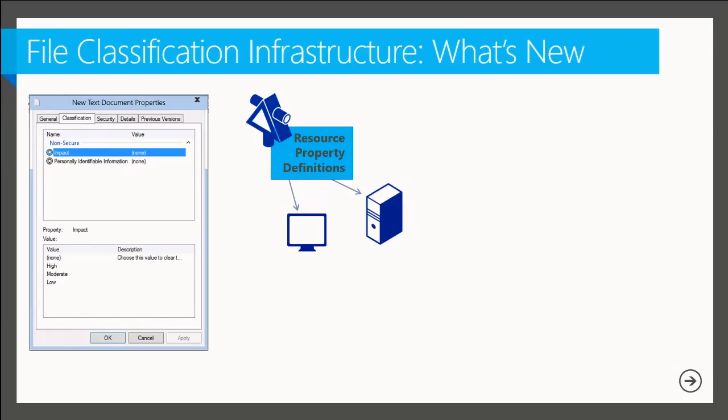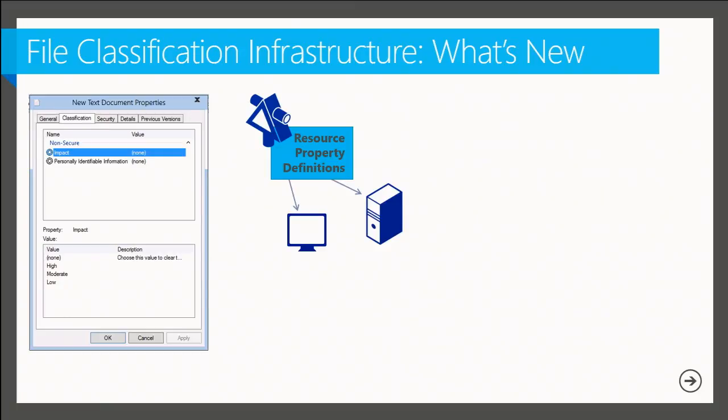The other thing we realized, if we were going to start using classification of files as part of our access decision, we wanted to start talking about, top secret files have different access rules than public files. We needed to be able to have a common way of describing files throughout the whole organization. In 2008 R2, you could define what classifications a file could have on a per file server basis.